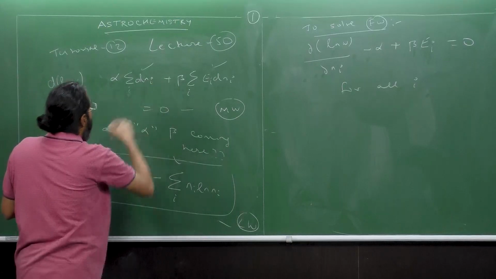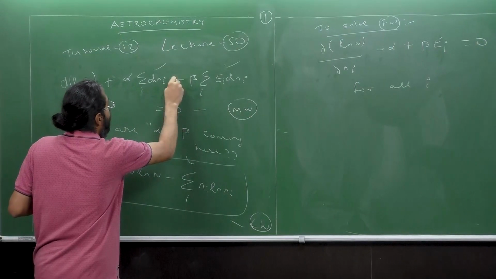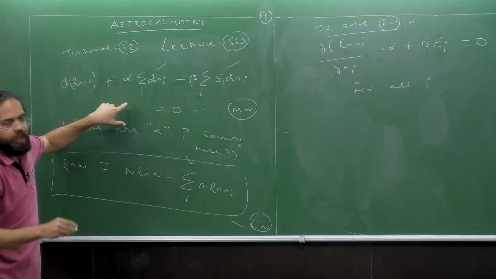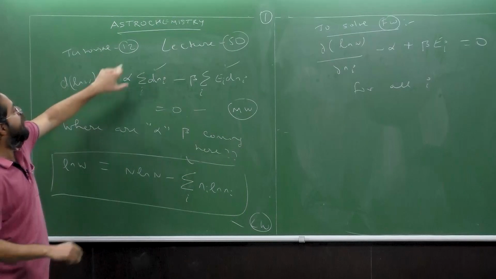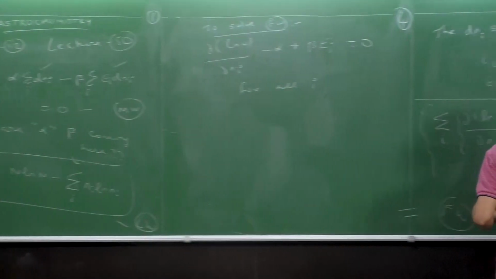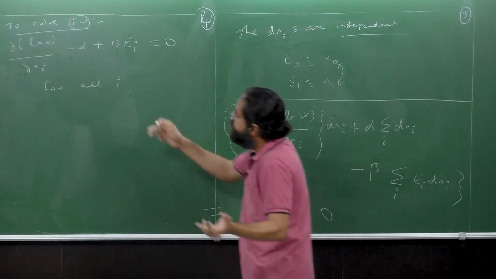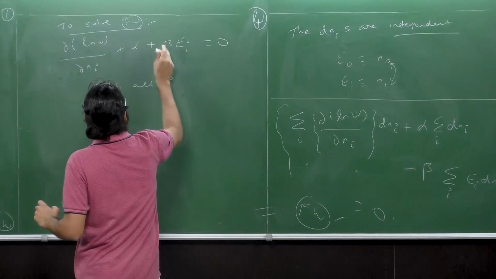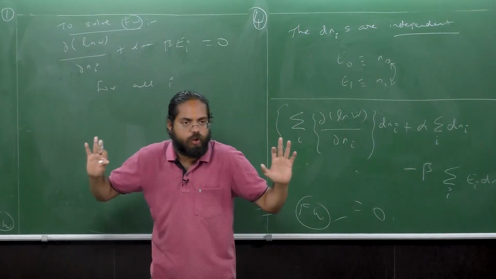Instead of alpha being negative and beta being positive, I think this will be a better way, as the math will soon follow. So if I choose plus here, my MW changes and my FW also changes, such that there is going to be a positive sign here and a negative sign here. And in this expression also, there is going to be a positive sign and a negative sign. So nothing changes.